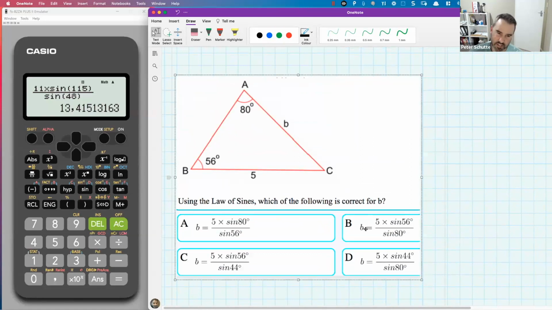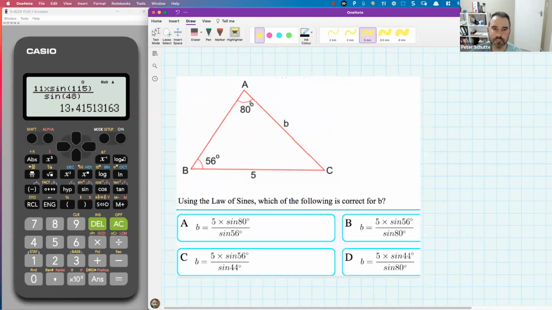So you are given this drawing, and you have to find which of these statements matches solving for B. Let's see if it's C again, or something different for a change.